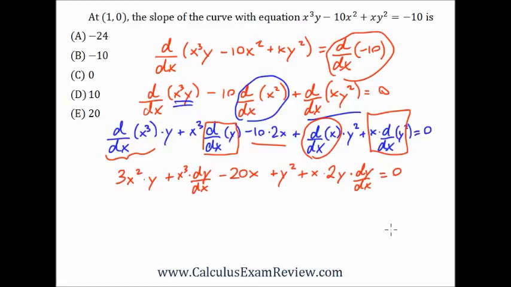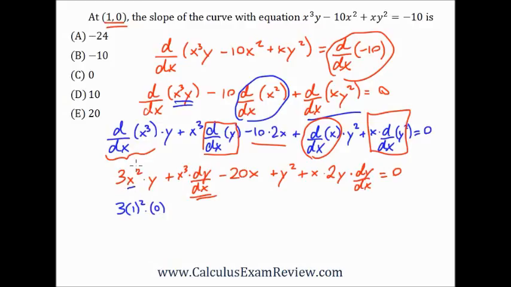That's equal to 0. Now, we're interested in the slope of the curve at (1, 0). So at this point, I can actually already plug in 1 for x and 0 for y, and then later evaluate dy dx. Okay, so now I plug in the 1 here, so 3 times 1 squared times 0, right?